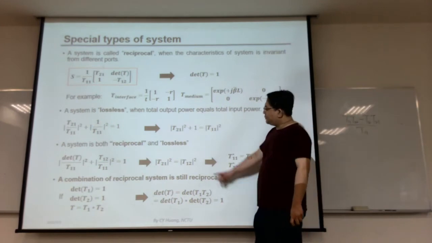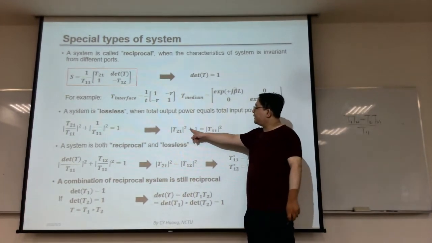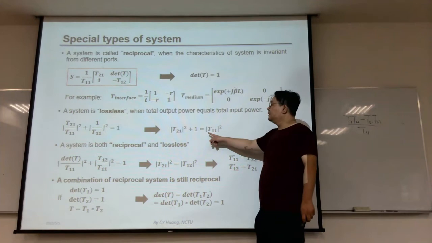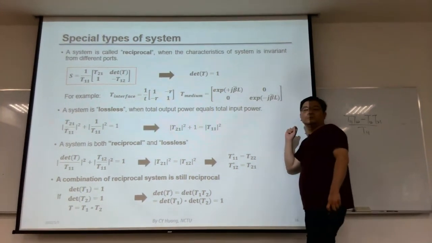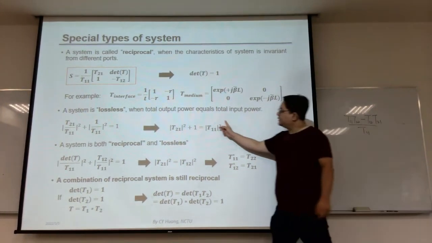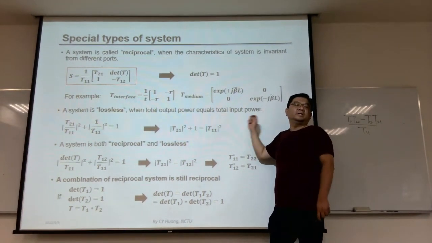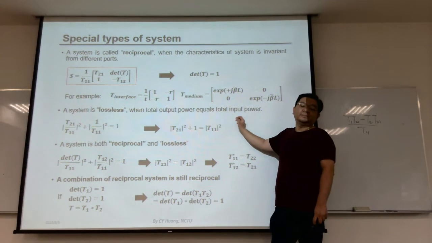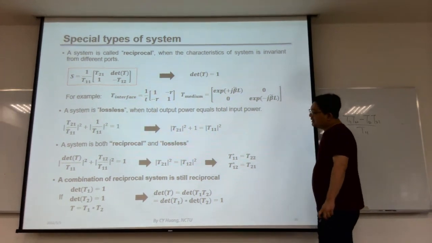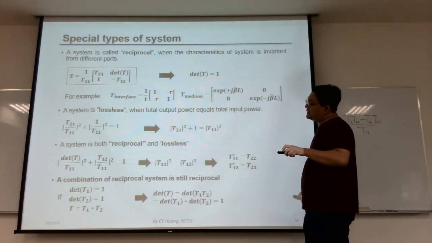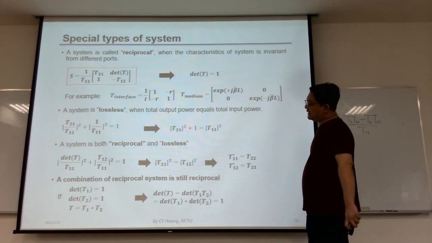So that's the characteristic of a lossless system in the transmission theory. If both, that means it's reciprocal and lossless.